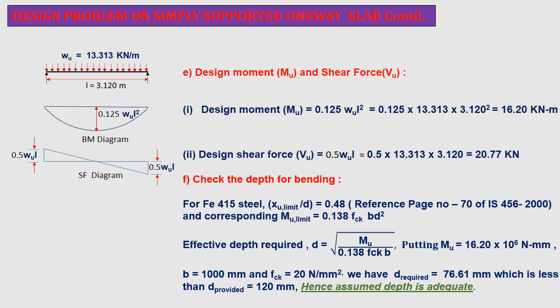Now putting the value of Mu equal to 16.20 into 10 to the power 6 Newton millimeter, b equal to 1000 millimeter, and fck equal to 20 Newton per square millimeter, we have the effective depth required equal to 76.61 millimeter, which is less than the effective depth provided, equal to 120 millimeter. Hence the assumed depth is adequate.